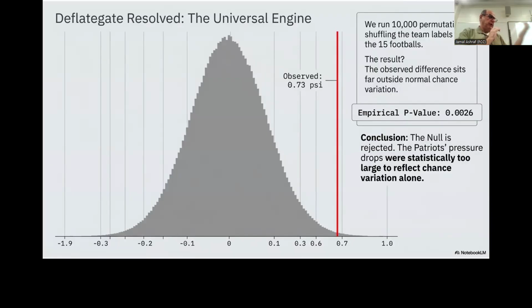That means we picked up 15 balls and we checked their pressure, and then we repeated that 10,000 times, almost zero, meaning that 0.73 is way outside of our normal curve, concluding that this is not by chance. We cannot recreate this by chance. That's what we're proving over here. So something went wrong.